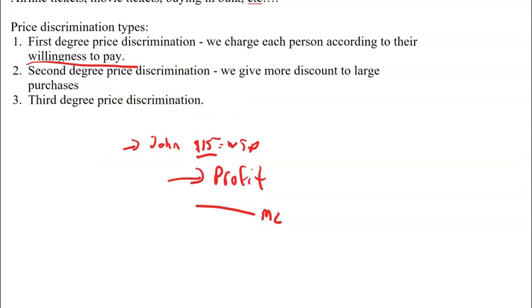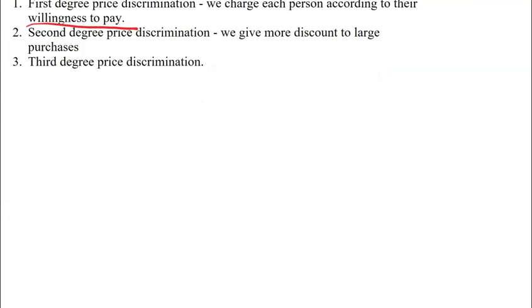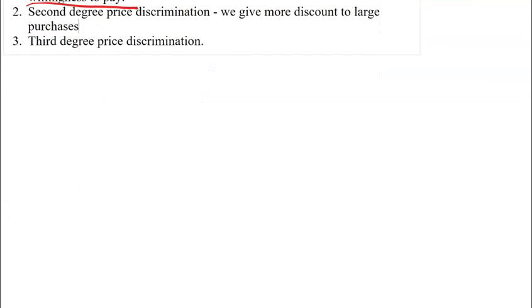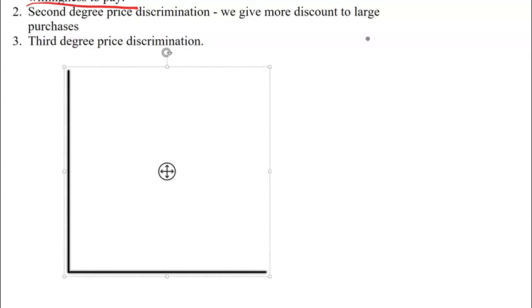So think about buying the same product from a retail store like Walmart and from a wholesale store like Costco. If we buy the same product in a large bulk, we get more discount. So what happens here is, if we do the same diagram again, we have our price and quantity.